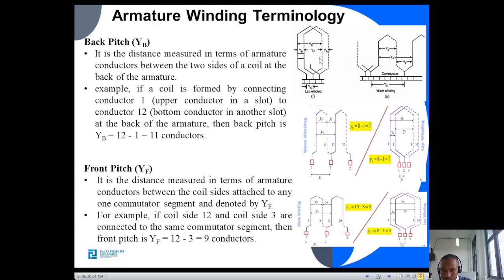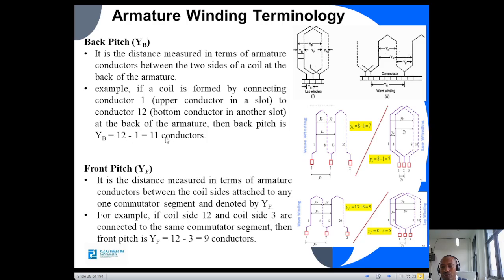Just to support it with an example, if a coil is formed by connecting conductor 1 to conductor 12, and these two conductors are connected together at the back of the armature, then the back pitch is the difference of the two, 12 minus 1, which is 11 conductors.